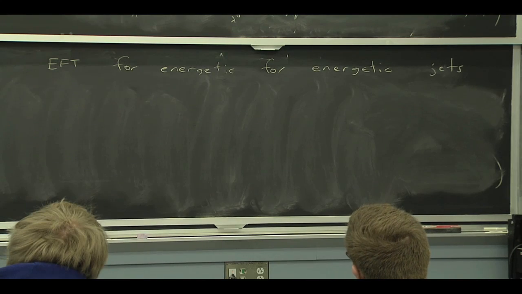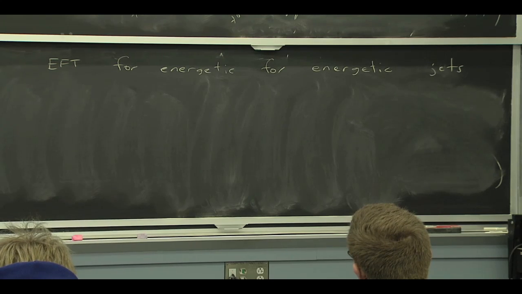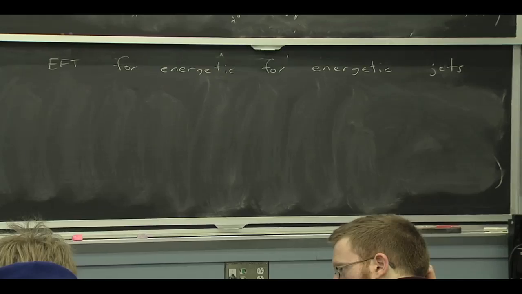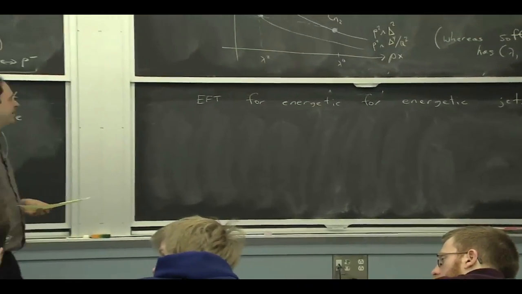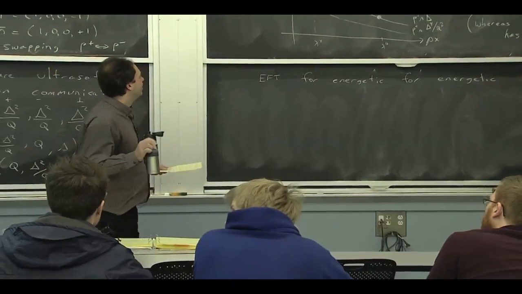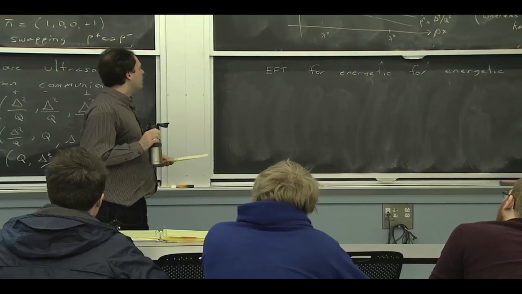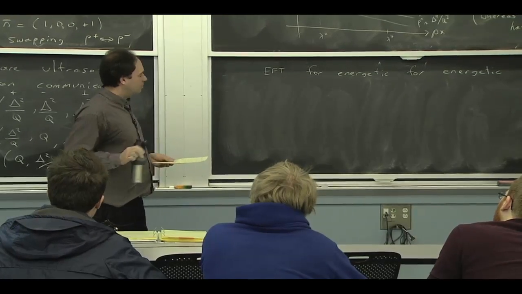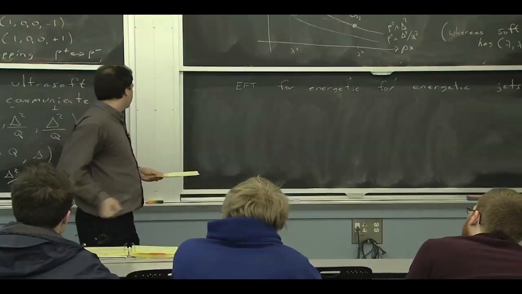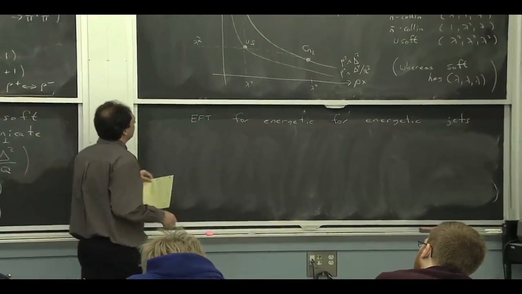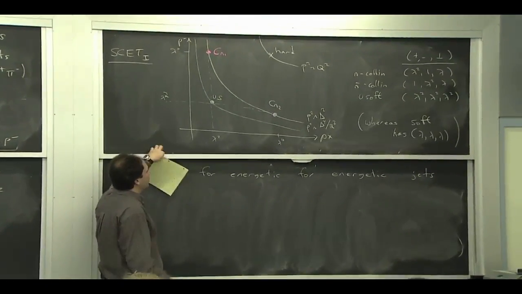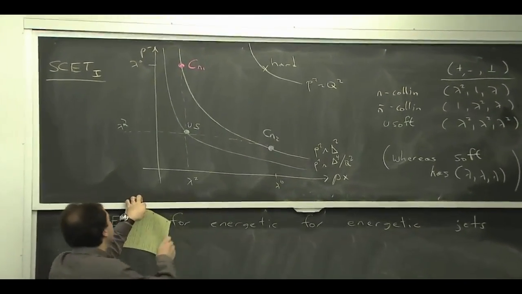OK, questions? Talk a little bit more about this picture. Should you think of the soft modes as being smaller than or equal to lambda squared? Yeah, so that's right. So you can ask now, how should I think about drawing the blobs around these things, right?